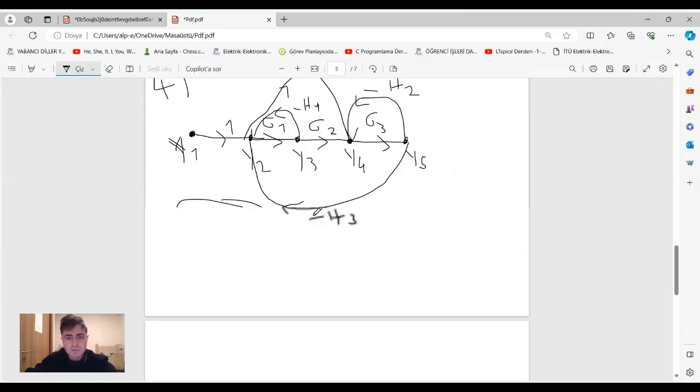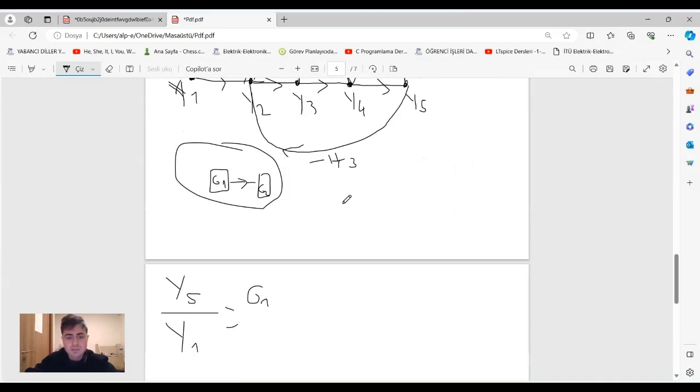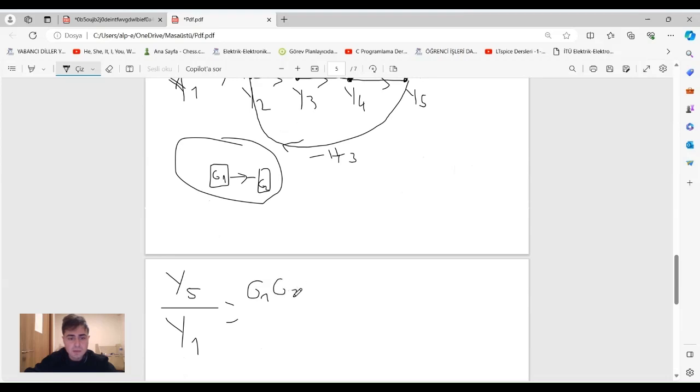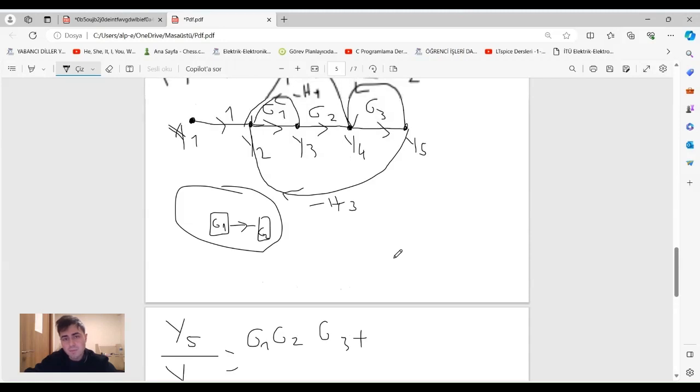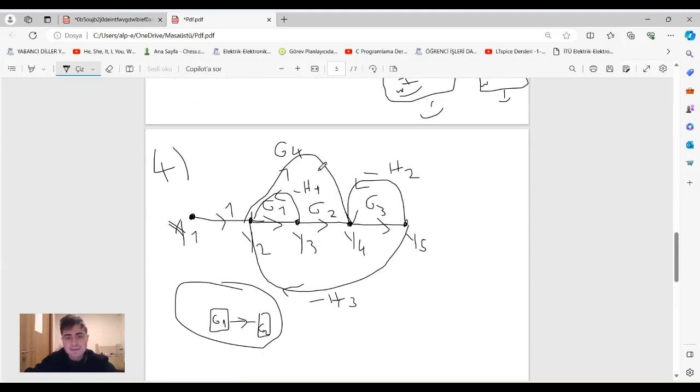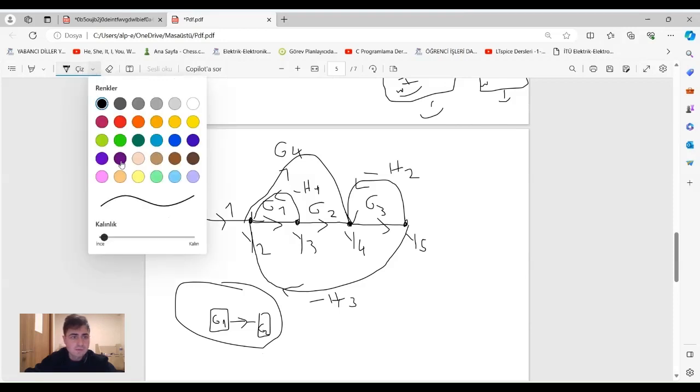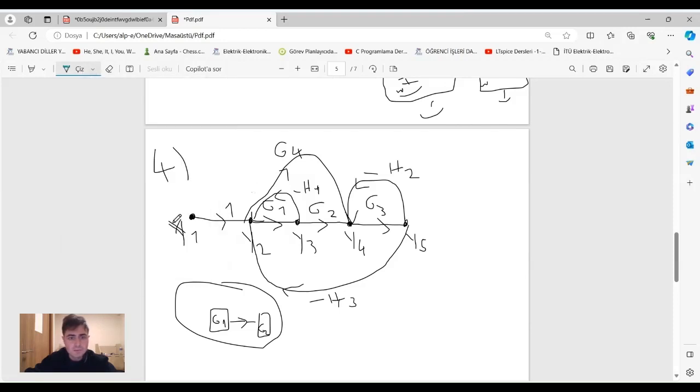Okay, we continue. G1, G2, and G3, and plus. Why plus? Because of these. This is the first line, G1, G2, G3, and this is the second line.